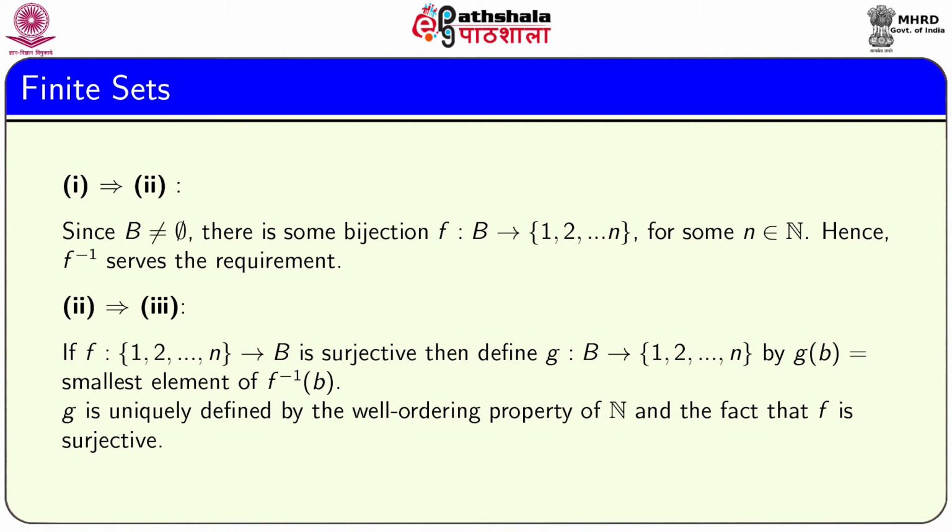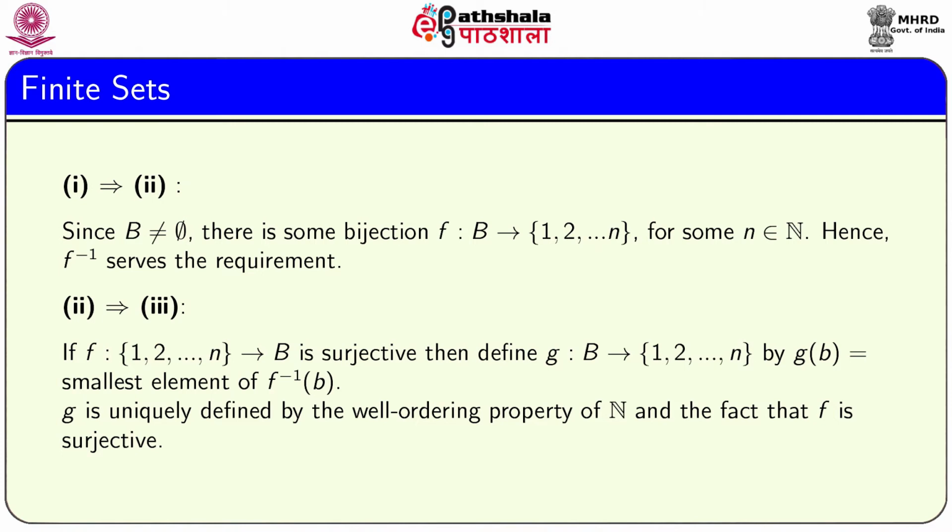What do we mean by that? If we take any point b from B, we have to have one element as its image in the set {1, ..., N}.